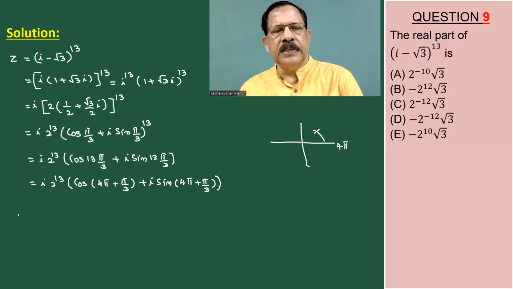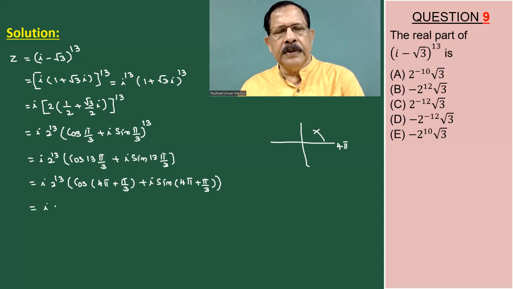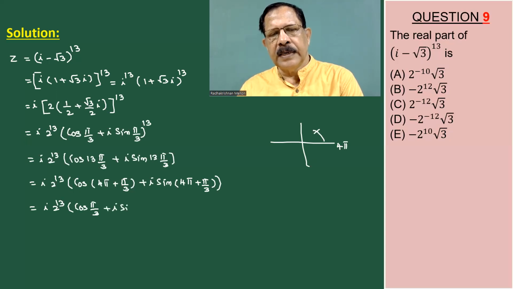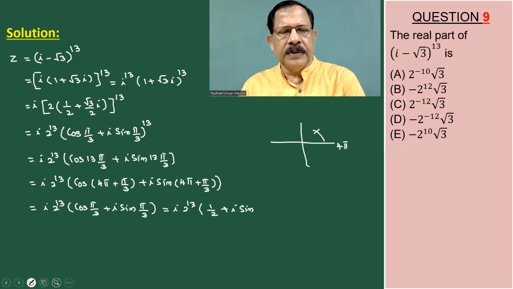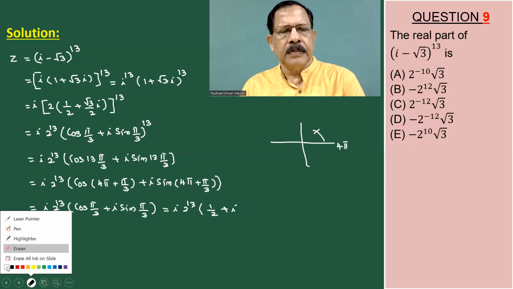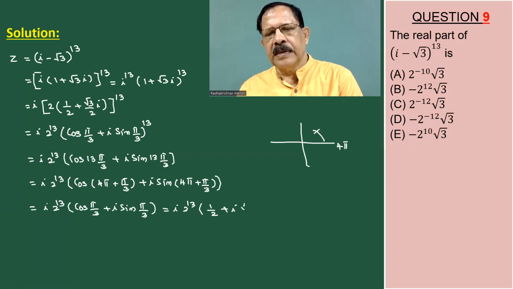Both are positive, no change in the ratio. So it is cos pi by 3 plus i sin pi by 3. What is cos pi by 3? It is 1 by 2, plus i sin pi by 3, which is root 3 by 2.